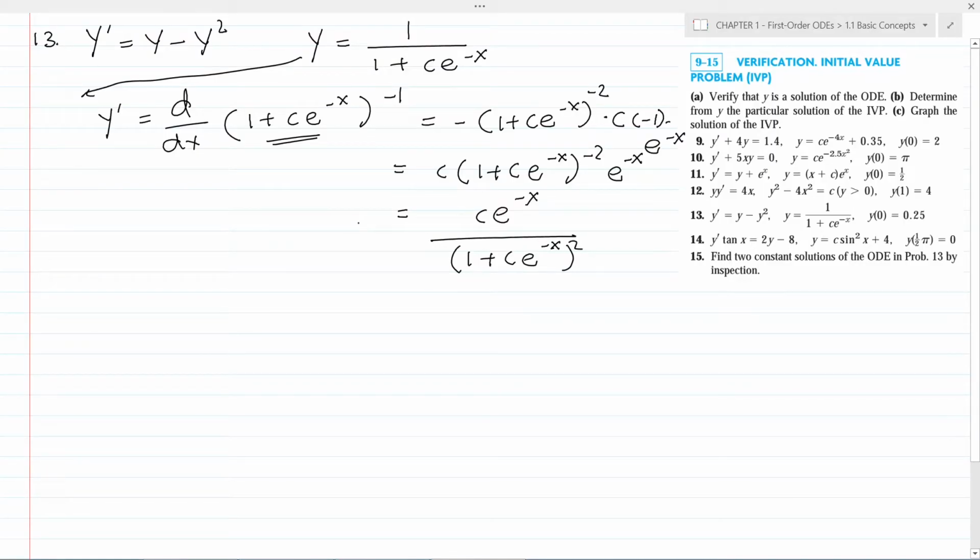Now this is y dash, and we put it in the original equation and see whether this satisfies or not.